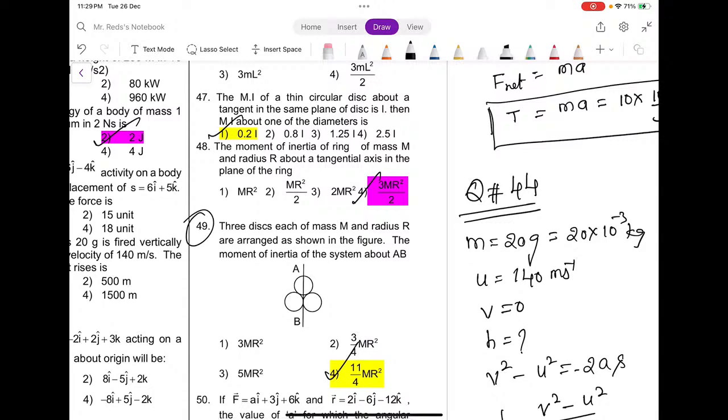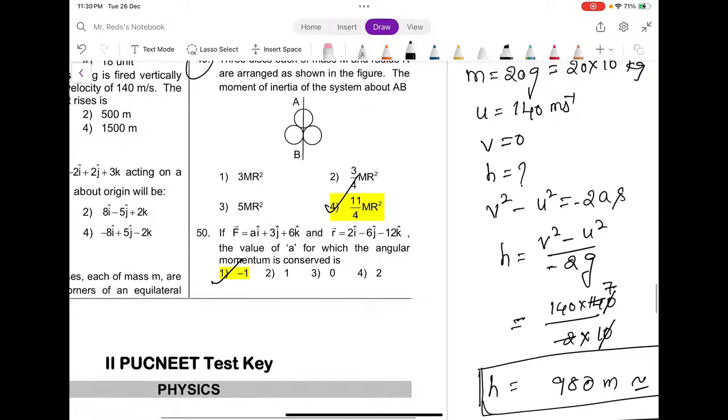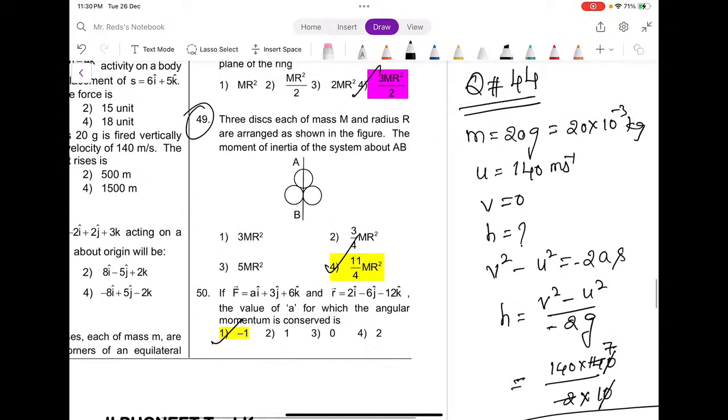What is given here in question number 49? It is given that 3 discs, each of mass m and radius r, are arranged as shown in the figure. Find the moment of inertia of the system about axis AB. Here, this is the first disc, second and third.